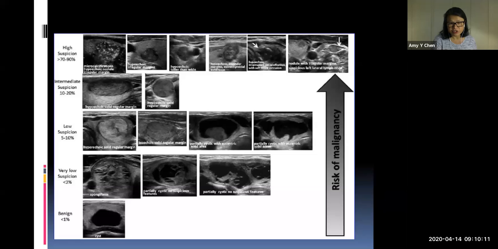Very low suspicion: you can see this spongiform, and it really does look like a sponge that's been cut in half, and you're looking at the cross section of it. Partially cystic, and so you can see the slight differences. And all ultrasound is really pattern recognition and understanding what's important and what's not important. And as you go from here to there, the risk of malignancy increases.